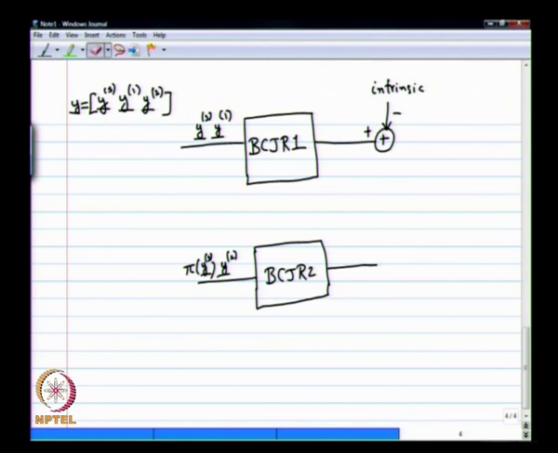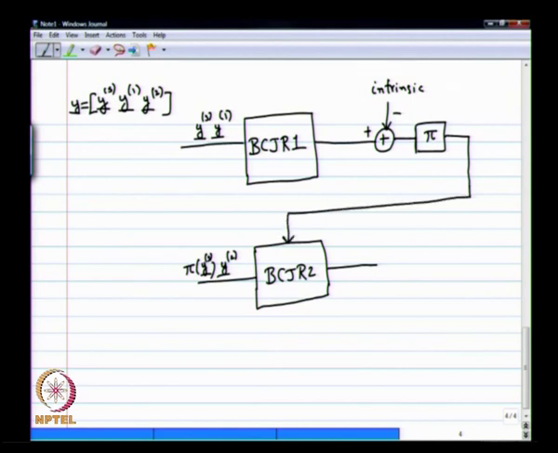So how can I draw that? It's going to get a bit messy, but there's no way to avoid that. When it goes here, you want to put a permutation in there also, because it's in a permuted order. So let's say I do a pi here, and then I give it to BCJR2.